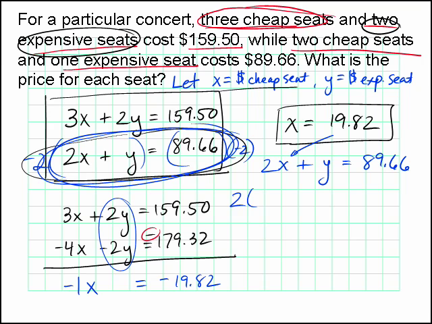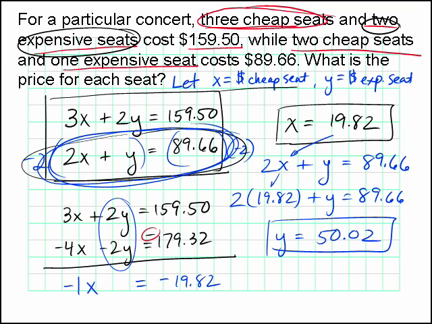So now I got 2 times 19.82 plus y equals 89.66. And let's see what we get here. 2 times that is 39.64. Subtract from 89.66, and we get a result of $50.02.